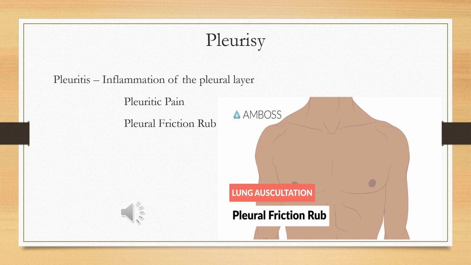That is a rough, scratchy sound, made because remember, our two layers are not supposed to rub against each other roughly. They're supposed to slide and glide smoothly. So when these two layers are rubbing against each other during breathing, that is called the pleural friction rub, and that's very common when patients have pleuritis.